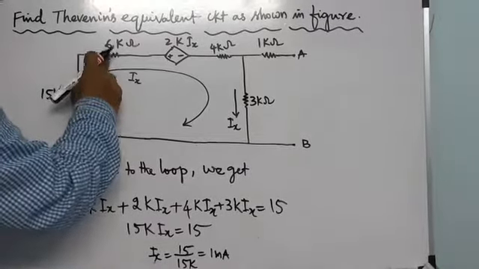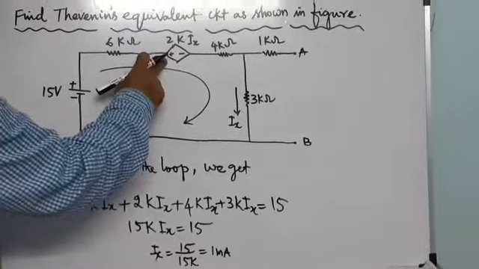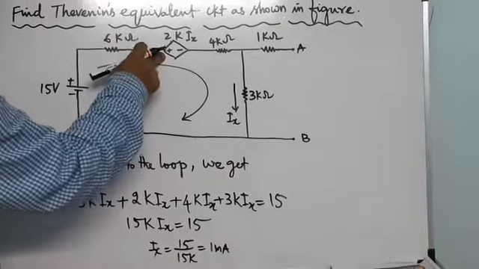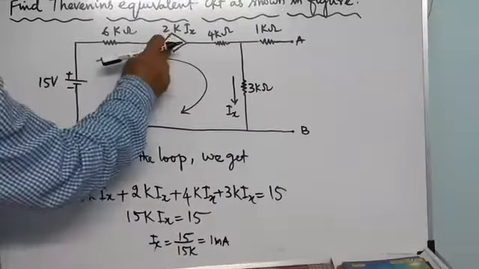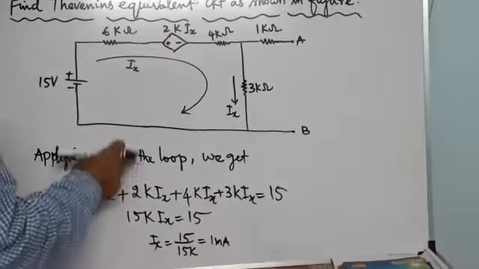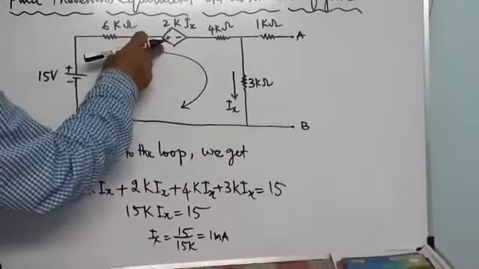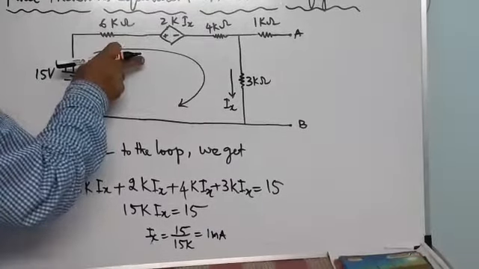So 6 kilo Ix, and here the dependent source. Where the current is connected first, if it is positive, write positive; if it is minus, write minus. Once again, I am repeating: if your direction of travel and the direction of current are the same, you take plus.